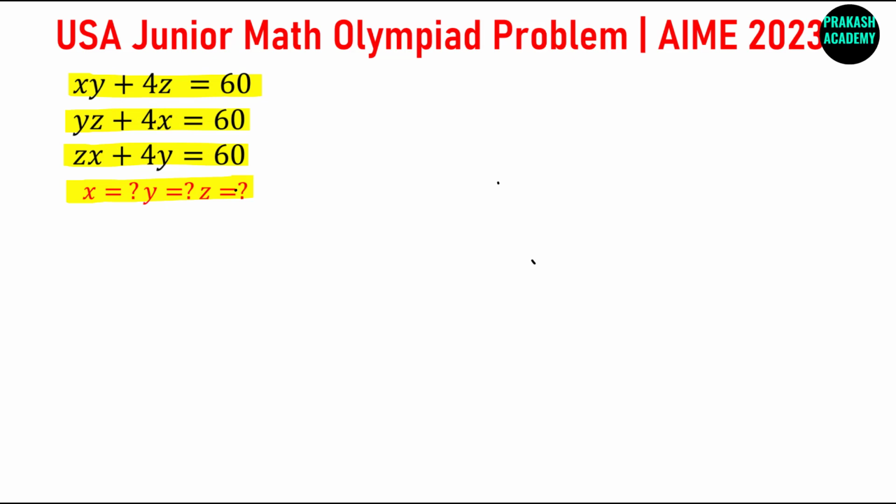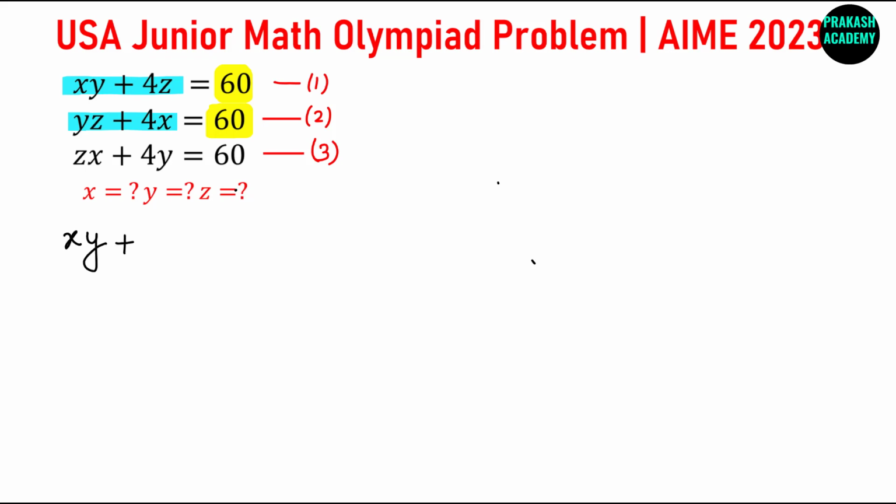So let us call these equations 1, 2 and 3. Now if I consider equations 1 and 2, both are equal to 60, which means I can equate this term to this term. So I can write xy + 4z = yz + 4x.